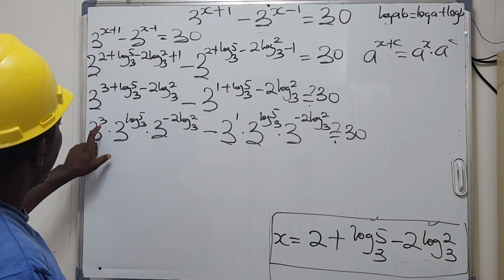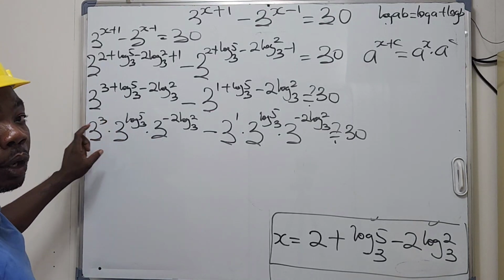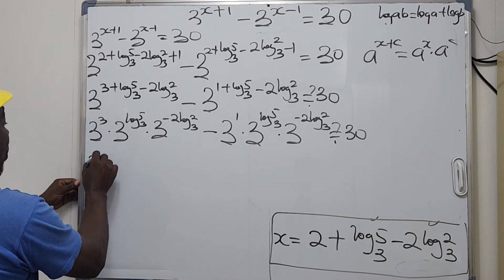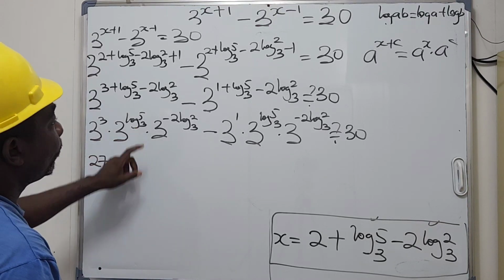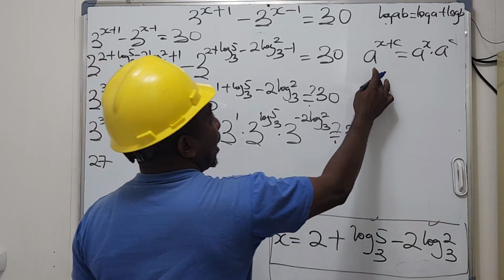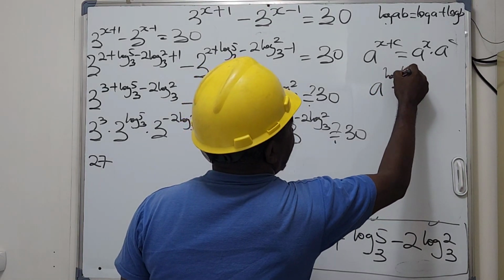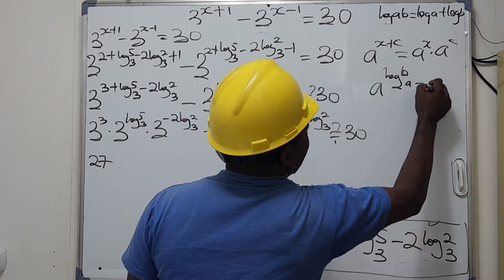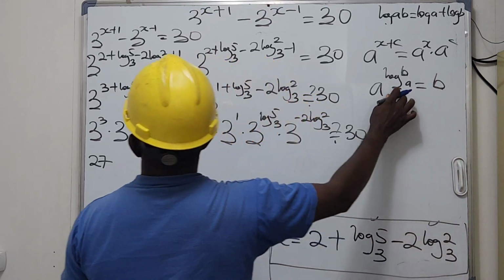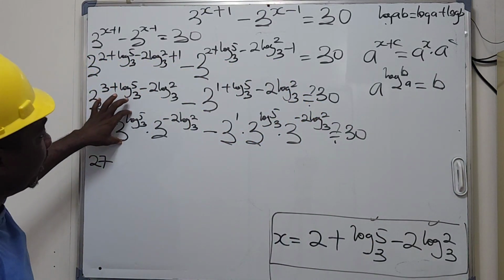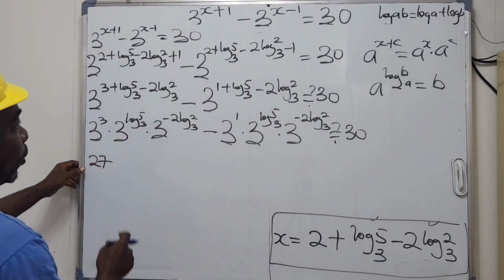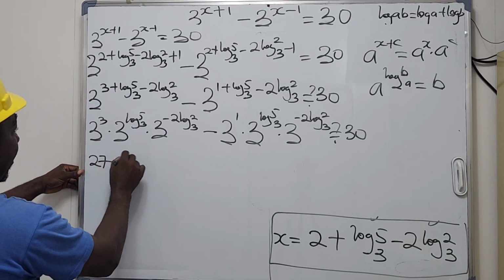So in this case, this is what we have. 3 to the power of 3 will give us 27. Then we recall another law that says when we have a to the power of log b base a, it becomes b. So expressing this in that format, this is going to give us times 5.